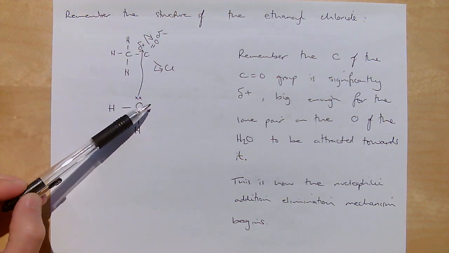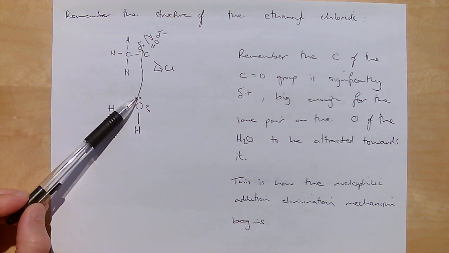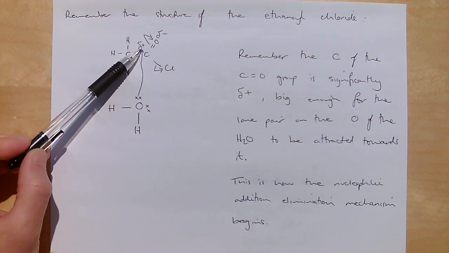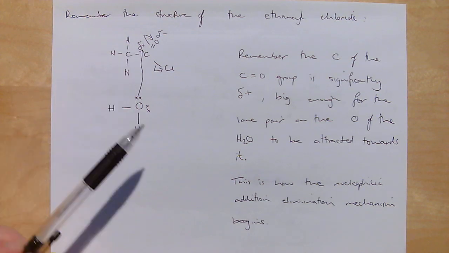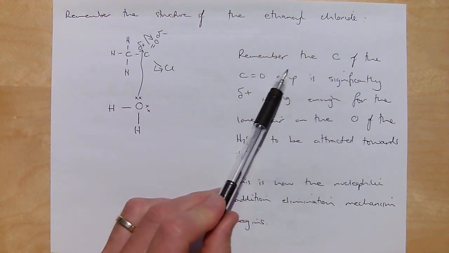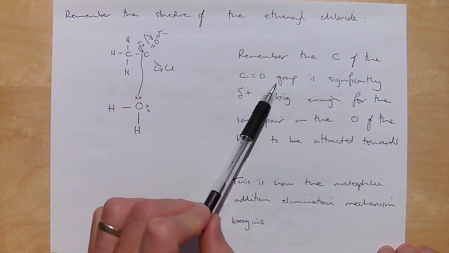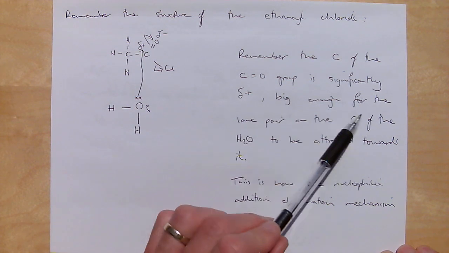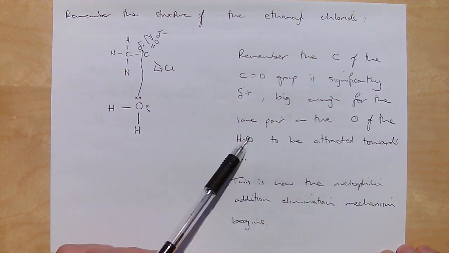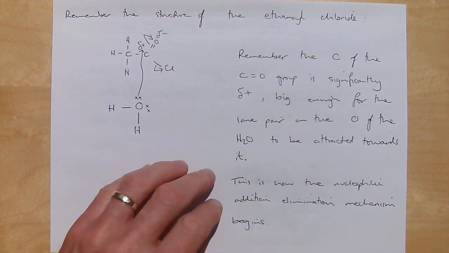So remember, the C equals O group is the carbonyl group, and it is significantly delta positive, big enough for the lone pair on the O of the H2O to be attracted towards it. This is how the nucleophilic addition elimination mechanism begins.